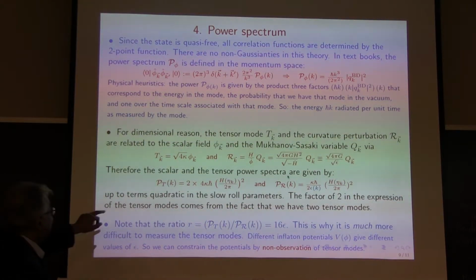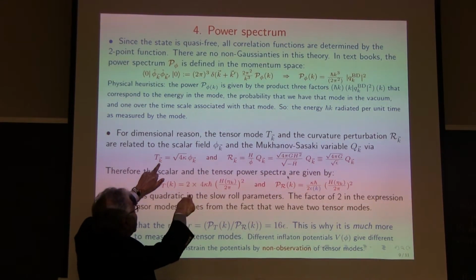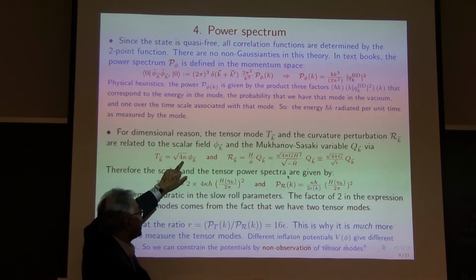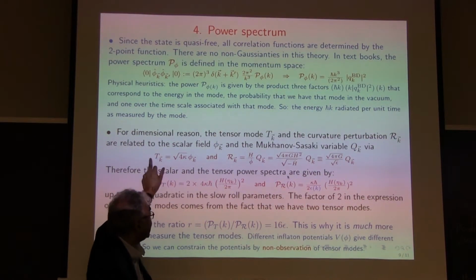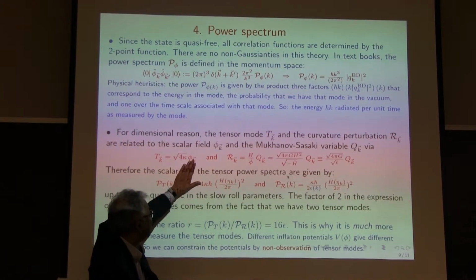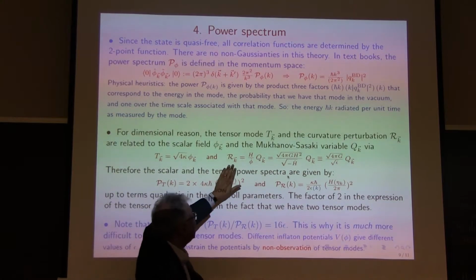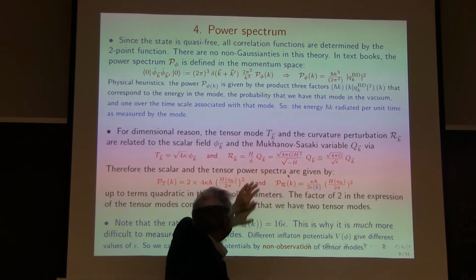The statement is that the tensor mode, in terms of the mathematical scalar field we consider, is just the square root of 4 kappa, which is 8 pi G, times phi_k. That's just for dimensional reasons. This is dimensionless, and phi has some dimensions. This factor kills those dimensions, and then this is the definition of the scalar mode itself here.